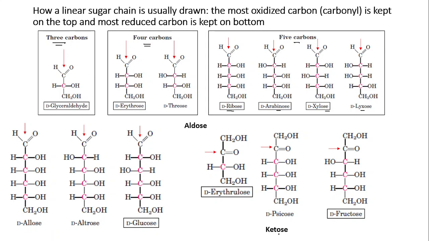Then we have the ketoses, fructose, psicose, and erythrulose. These are the ketoses. As I was saying, the second position has the keto group, and then the OH below, and so on.